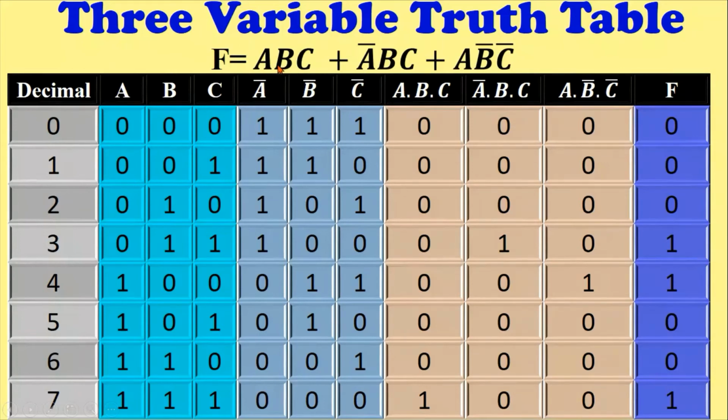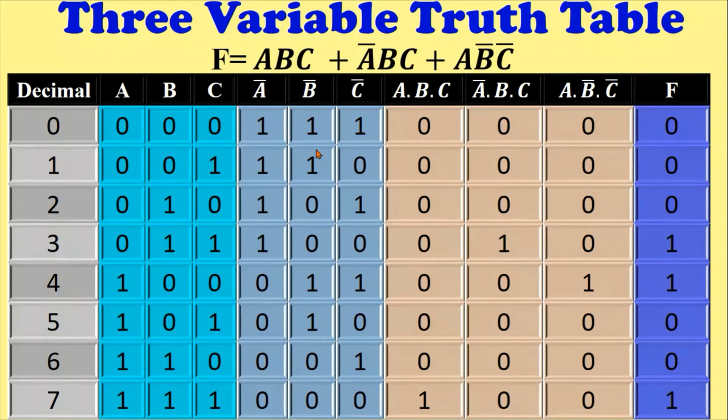After that, you have to make the different terms provided in the given function, that is A dot B dot C. You have to make the column of A dot B dot C, and after that A bar dot B dot C, and same like that the third term A dot B bar dot C bar. After that you have to multiply the first three variables' values. For ABC, the first value of all these three variables is 0, so you will have 0.